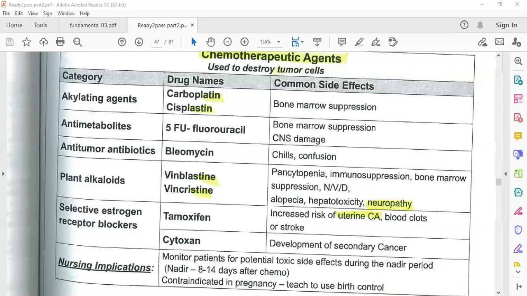So I'm saying methotrexate may cause major side effects, they may cause thrombocytopenia. Thrombocytopenia means all cells go down, red blood cells, white blood cells, or platelets. Methotrexate may cause toxicity, okay? And sometimes the NCLEX would ask, what is the antidote of methotrexate? It is called leucovorin. Leucovorin is the antidote.